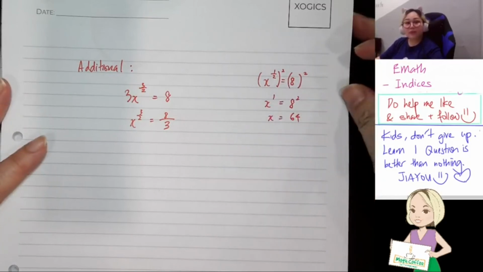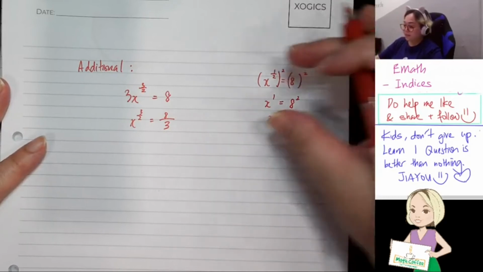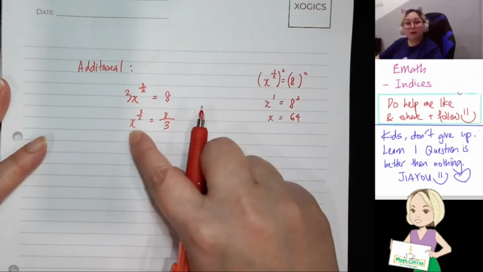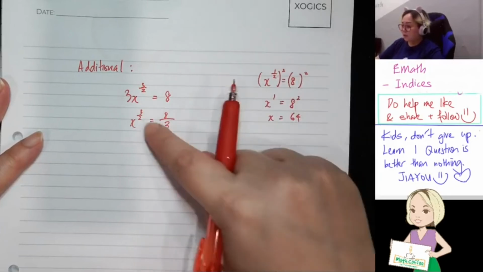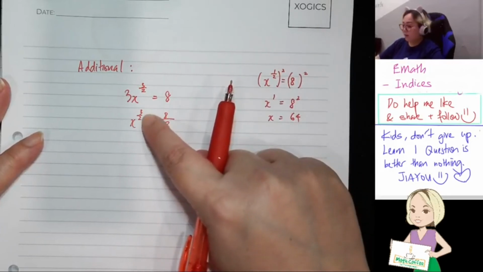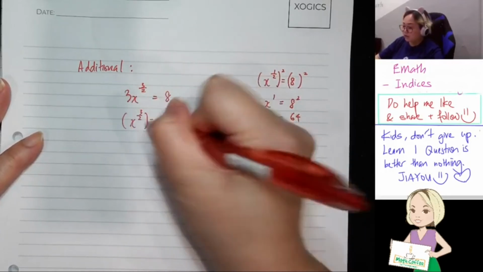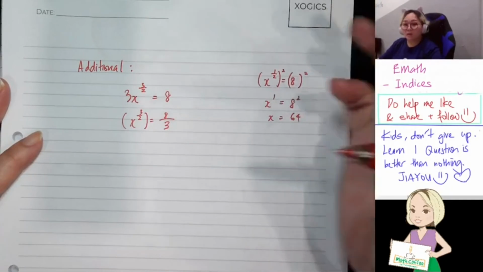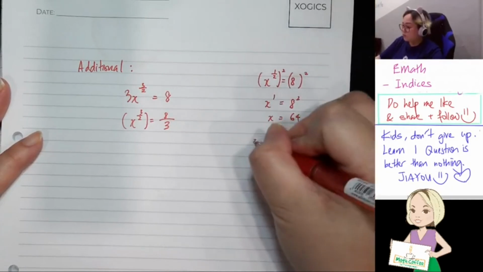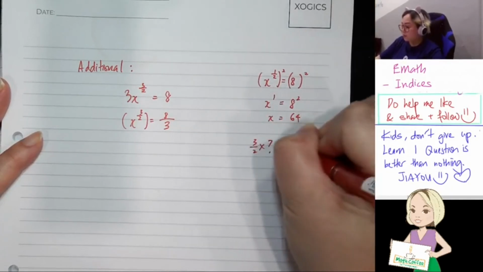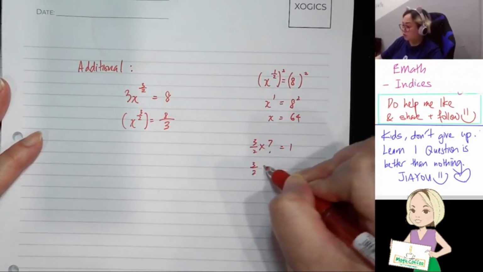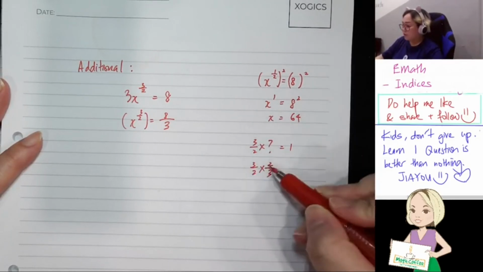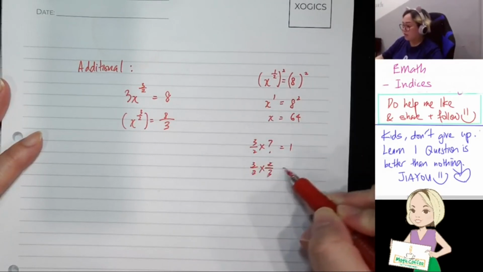Right? So now, the same concept, let's come back to here. This is x to the power of 3/2. So I just need to do something whereby the power becomes 1. So you ask yourself, 3/2 times what will give you 1? Actually it's just 3/2 times 2/3, because we can cancel the 2s and 3s and it becomes 1.